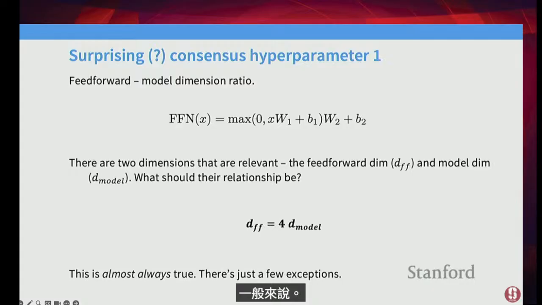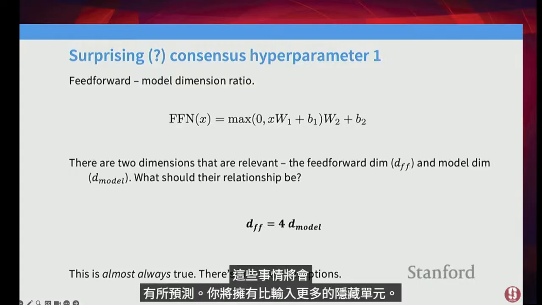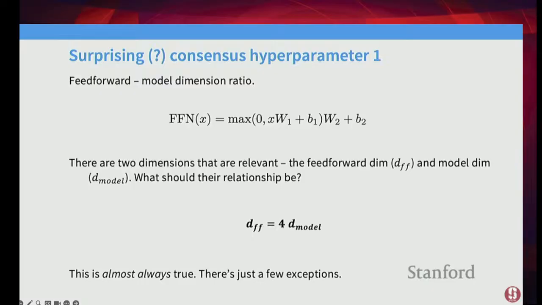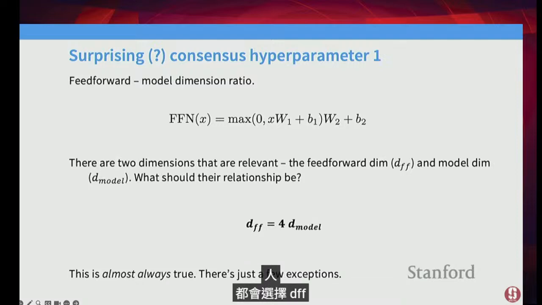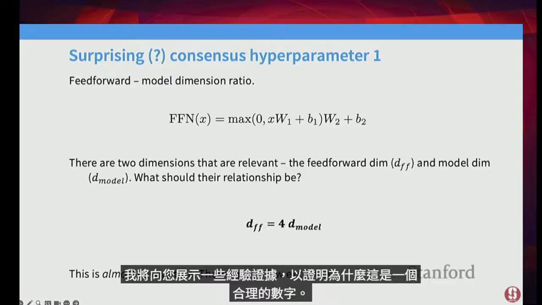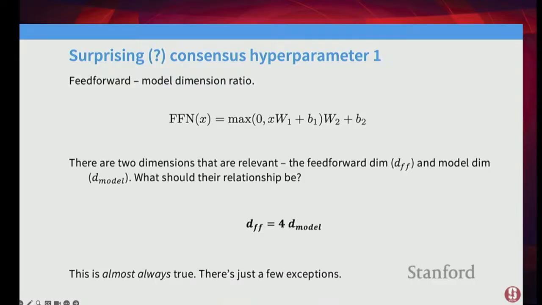In general, these things are going to be up projections. You're going to have more hidden units than there were inputs. But how much bigger? Well, there is actually a consensus. Almost everybody that uses ReLU-style MLPs is going to pick d_ff equal to 4 times d_model. I will show you some empirical evidence later for why this is a sane number.